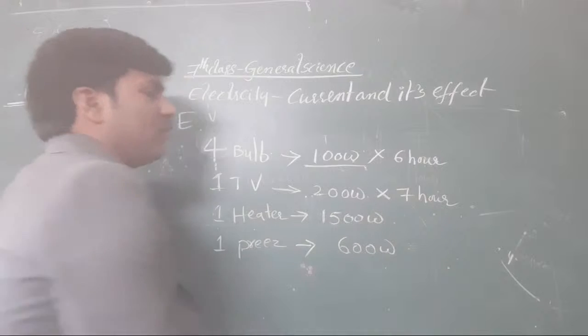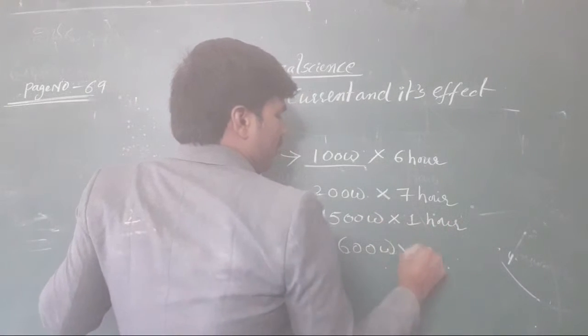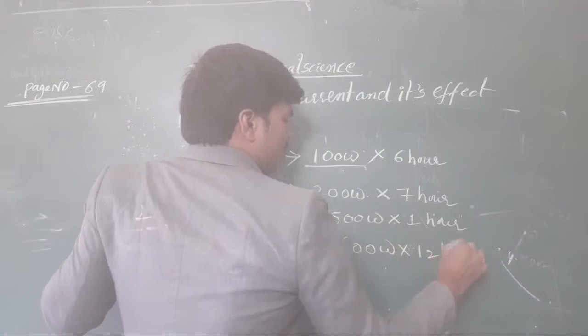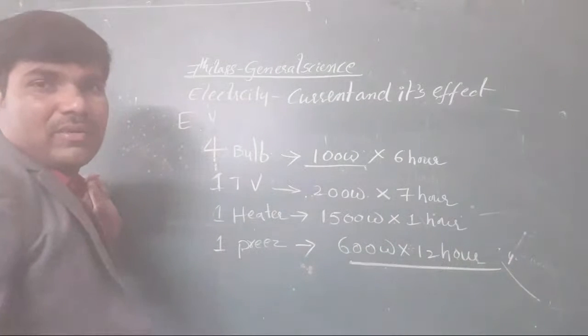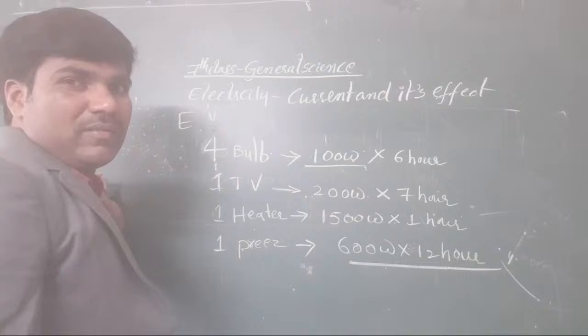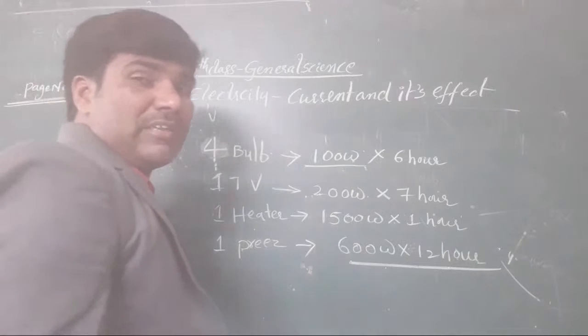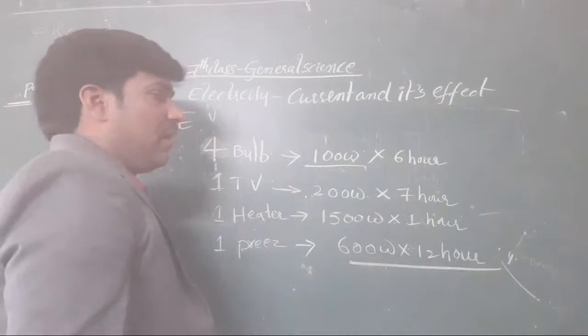We are using the heater 1 hour. The fridge works for 12 hours, daily. Then what is the current bill for a month? How many units of power may be consumed? Like that, questions may come for us.